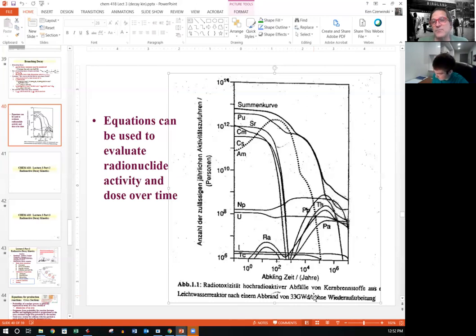Now, if it's emitting primarily alphas and betas, those have very short ranges. The only way I get a dose from that is if I internalize it. So when we talk about dose, the key is related to the activity, and then the energies.